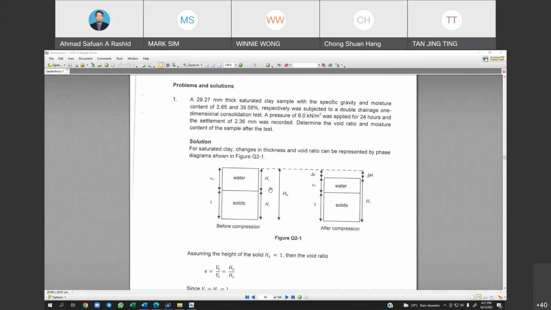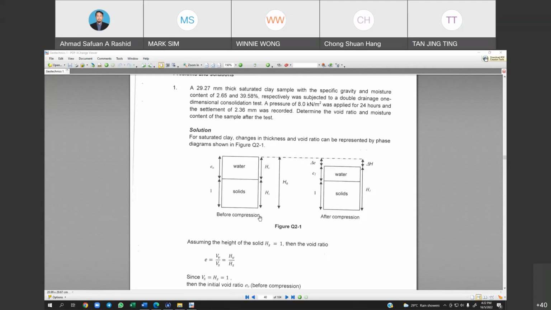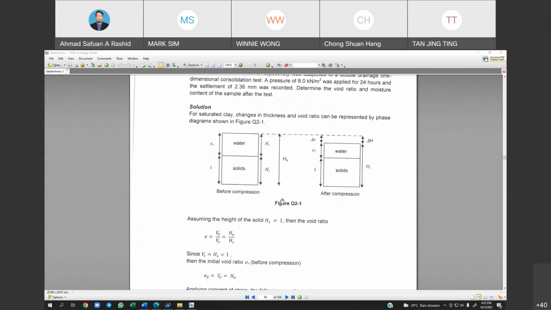After the compression, there will be a delta e and e1, the final void ratio after compression, while there is a delta H and H1.